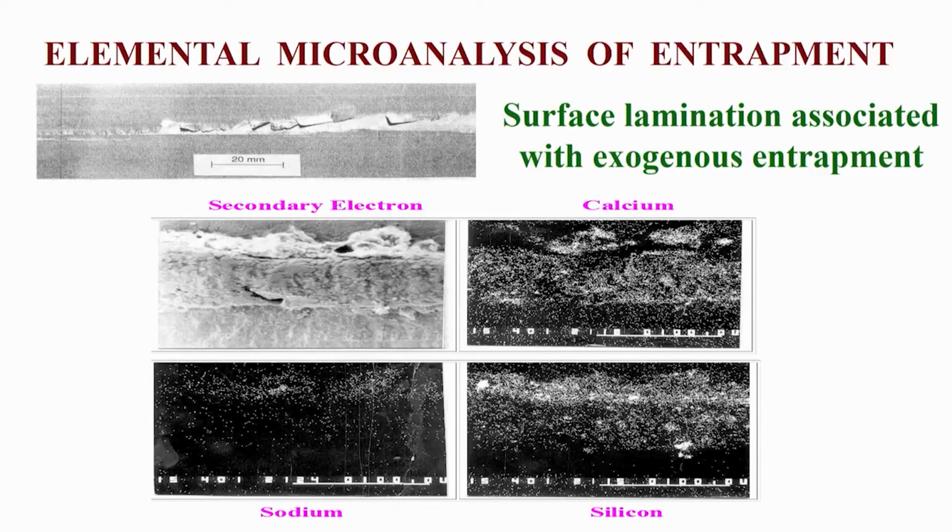So, what I am again and again harping on is that this EDX or WDX attachment of the scanning electron microscope will help us in identifying what elements are present in the defect area or in proper, normal steel, and if we find something abnormal, some abnormal elements present, that means they have come from some exogenous entrapments. So, now we know from our experience where they have come from and we have to be careful in future.